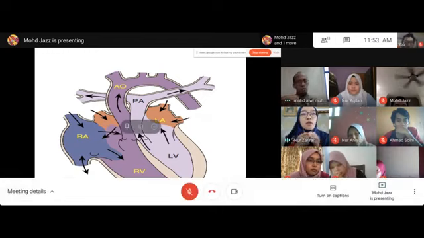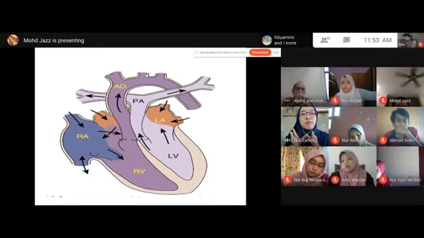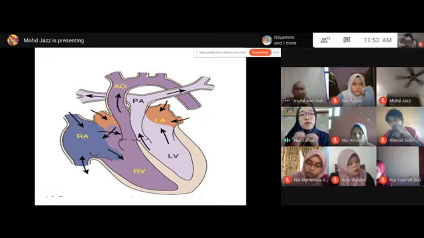In this picture, the connection is at the atrial level, whereby the oxygenated blood from the left atrium mixes with the deoxygenated blood from the right atrium, and that blood will go into the right ventricle and into the aorta.